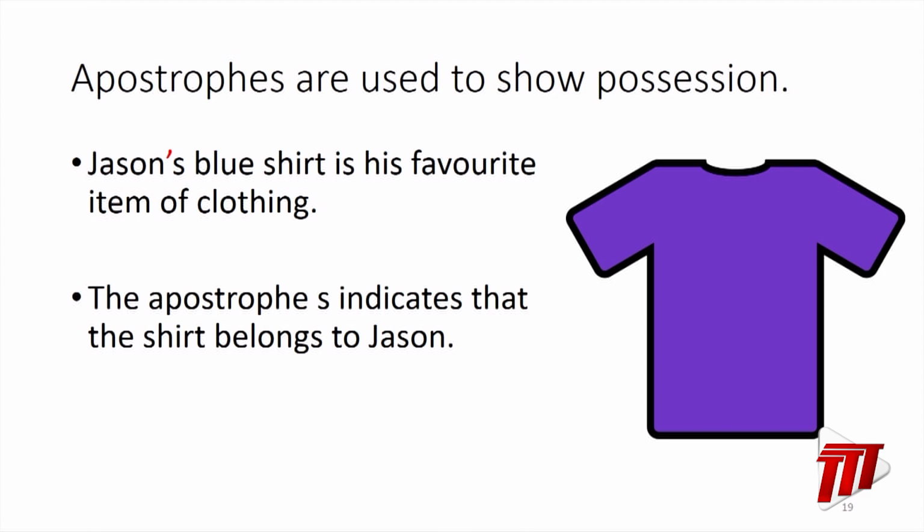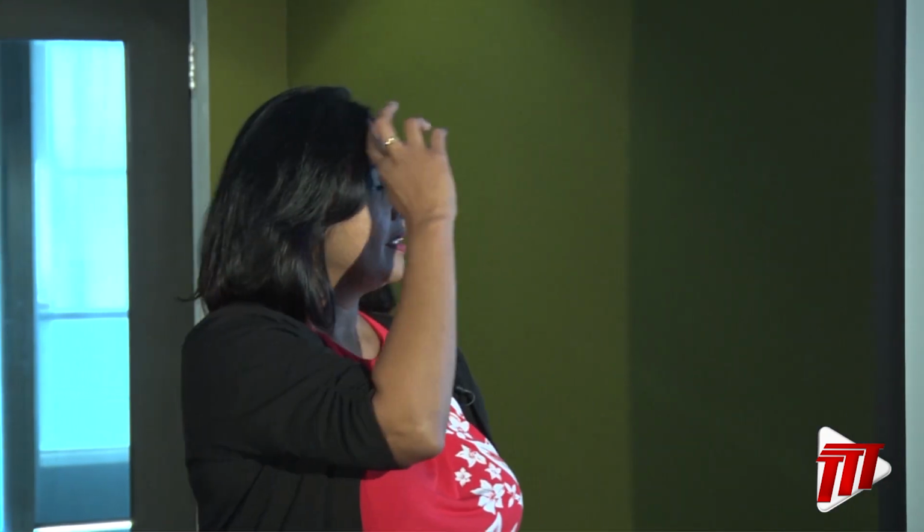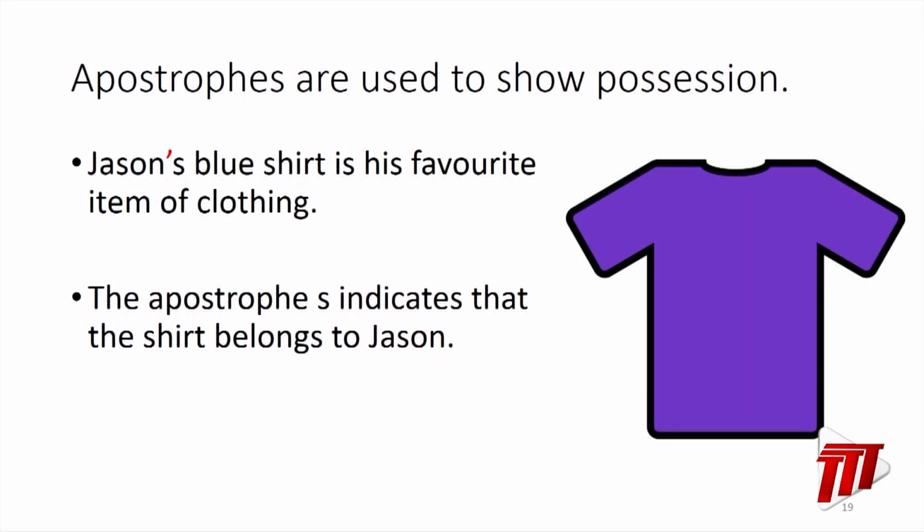Let's look at some other punctuation marks. With the apostrophe, another job that it has that's really important is that the apostrophe is used to show possession. Jason's blue shirt is his favorite item of clothing. The apostrophe S indicates that the shirt belongs to Jason. And in your lessons in class, you will do lots of examples where the apostrophe is used to show possession.